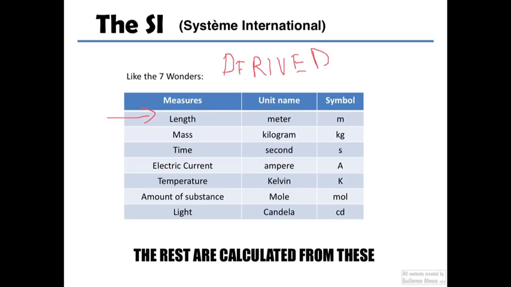Well, all we do is 1 kilometer is 1,000 meters, so our baseline is still going to be the meter. Same thing goes for mass, for time, for electric current, for temperature, for amount of substance, and for light. These are the symbols of the Système International, of the SI. Everything else is calculated from these.